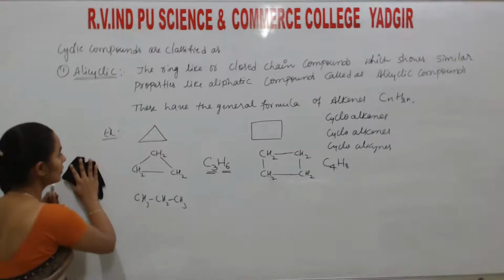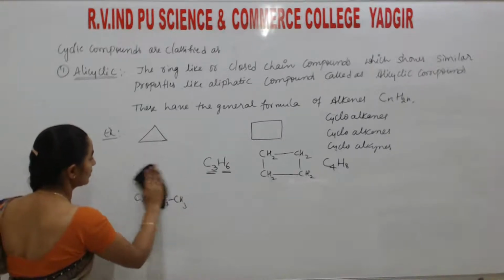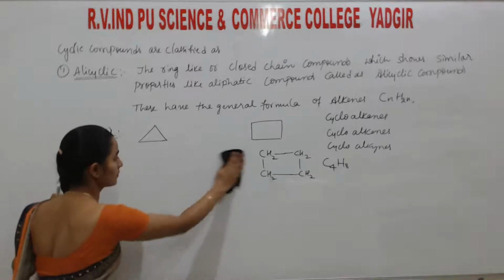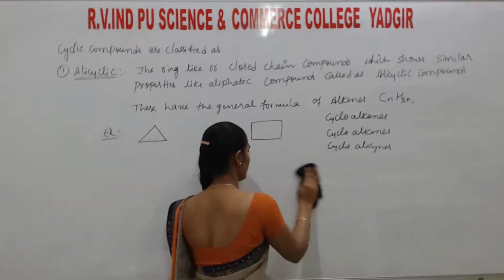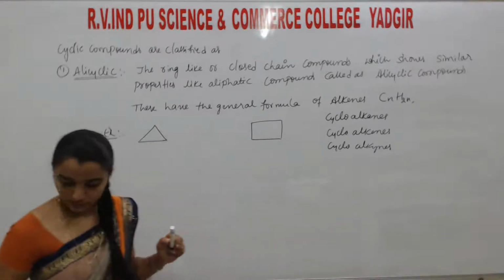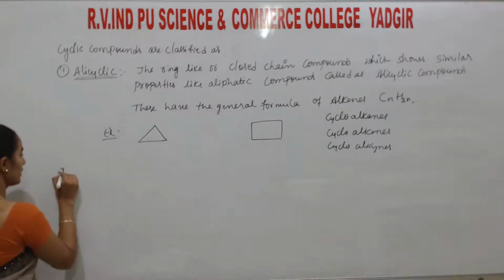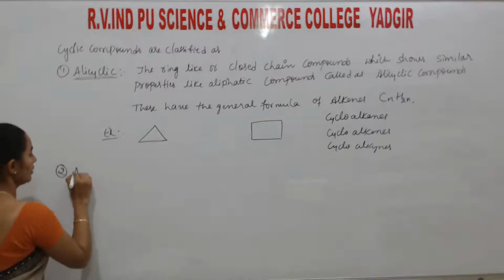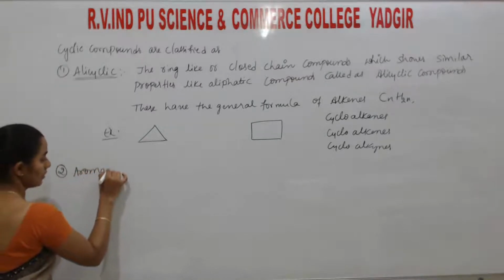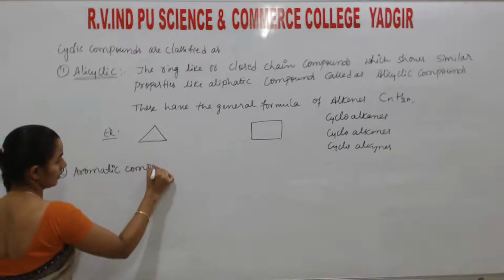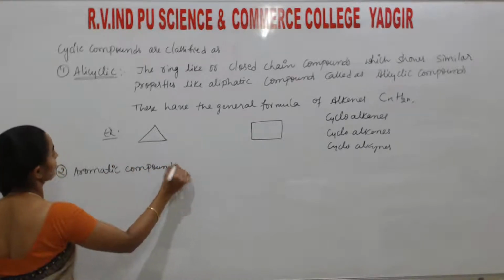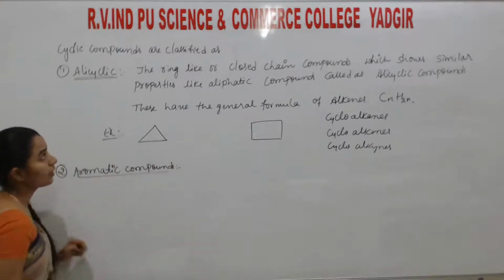And just write here examples. Second one in cyclic is aromatic compounds. So what are these aromatic compounds?